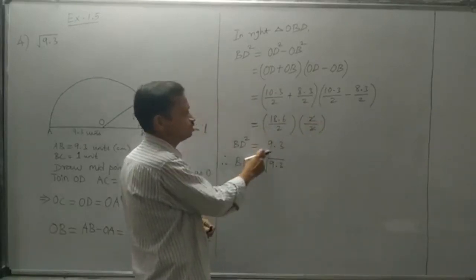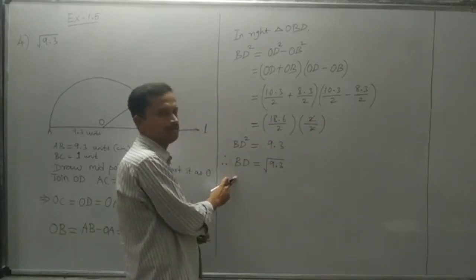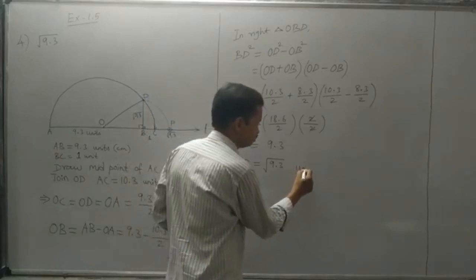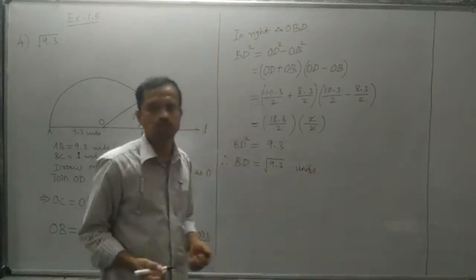So BD square is 9.3. Therefore, BD is equal to square root of 9.3 units. That's all. Clear?